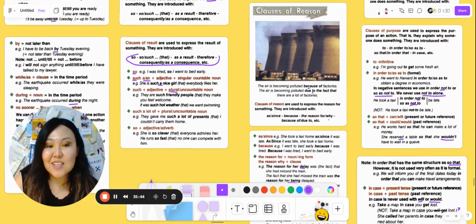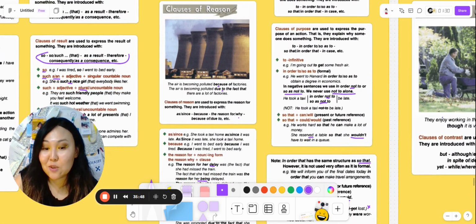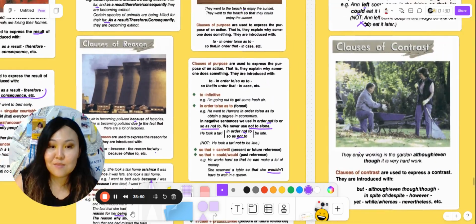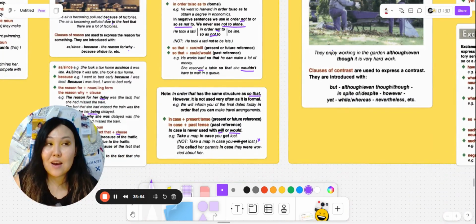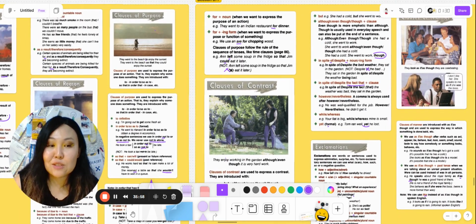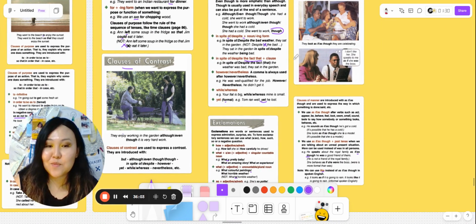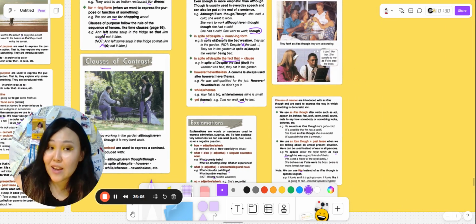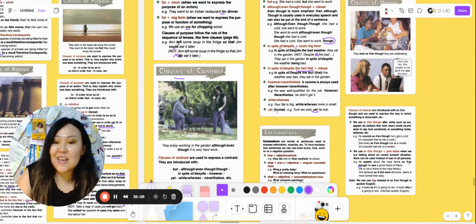Next one, as a result. Clauses of reason, we're showing the reason, like because, since. Clauses of purpose, we're showing the purpose. I went there to do something. Clauses of contrast, we are contrasting it, like however, nevertheless, or while, and the last one, clauses of manner.